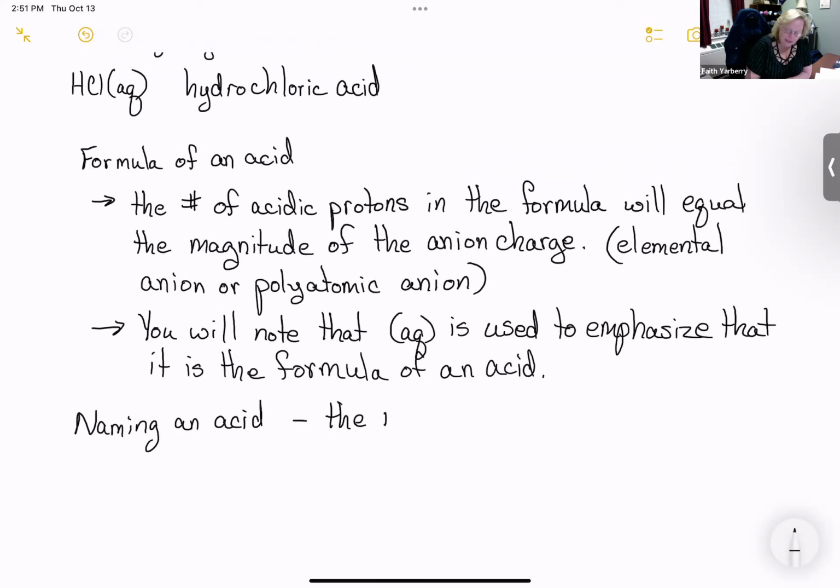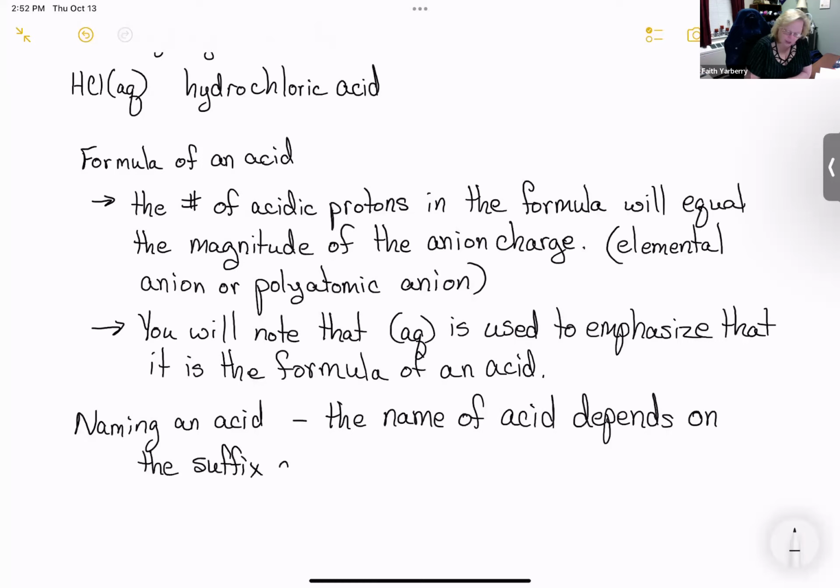The name of an acid depends on the suffix of the ion. Now, again, these are inorganic acids. They are not organic. That's a whole different ballgame.